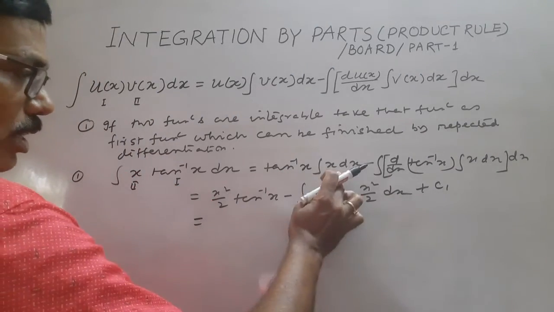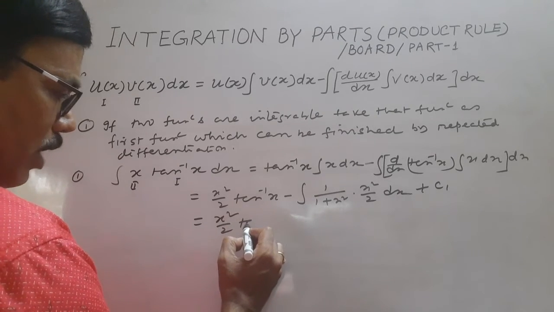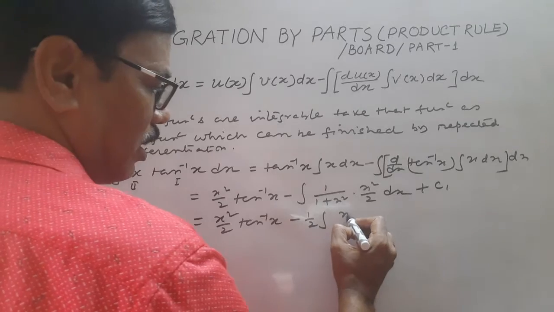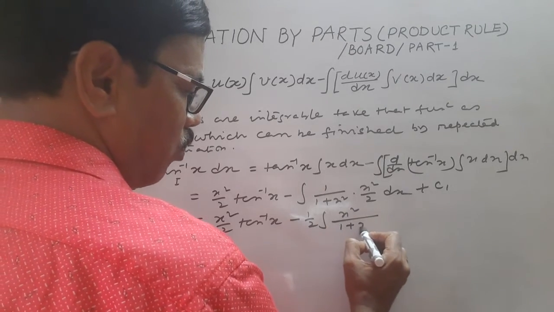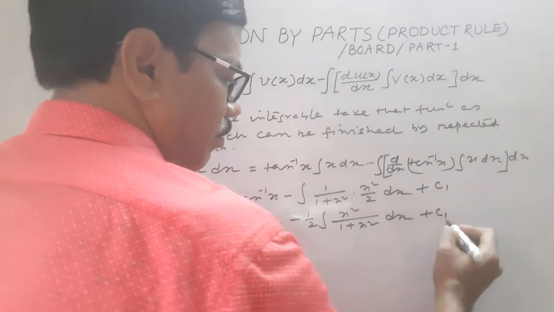We are integrating this one, so consider c1. So x square by 2 tan inverse x minus half, outside, x square by (1 plus x square) dx plus c1.